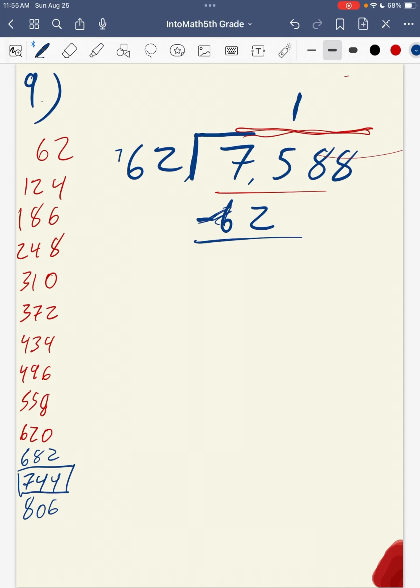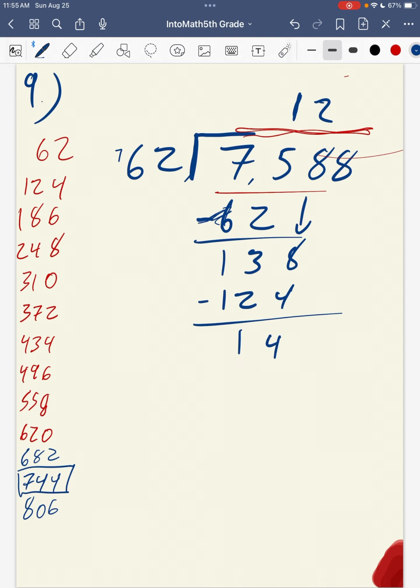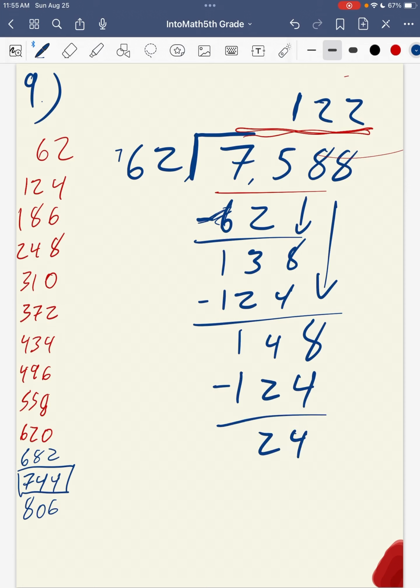Minus 62. This becomes, carry that down, 138. I can get there close by doing a 2. Minus 124. 138 minus 124 leaves me with 14. Carry down my 8, and 148 I can't get to, but I can by 2. 148 minus 124 leaves me with a remainder of 24.